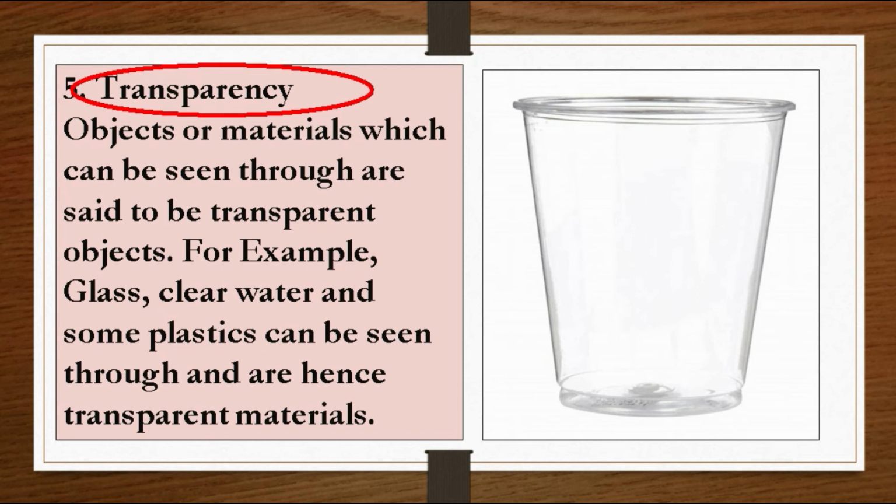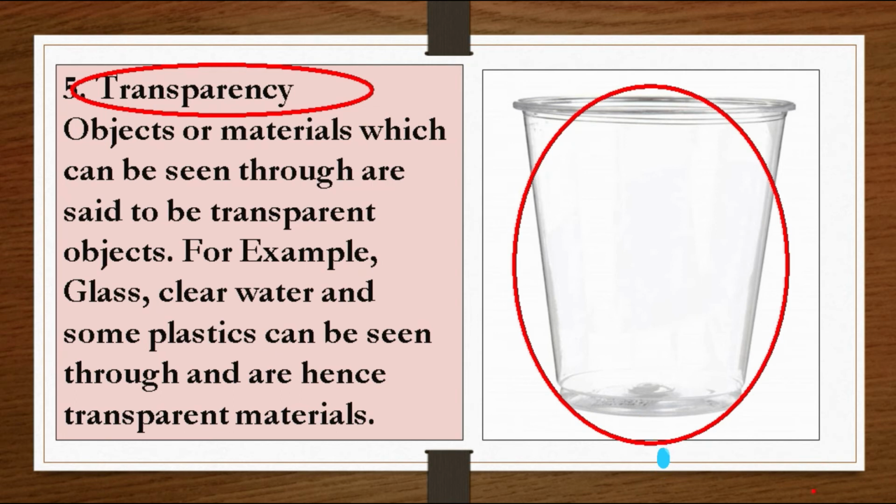And students, transparent materials allow almost all the light to pass through them, due to which the object or person behind them can be seen clearly. As you see here, this one is a glass, and we can easily see through it because glass allows all the light to pass through it, and that's why we can see anything just behind the glass.